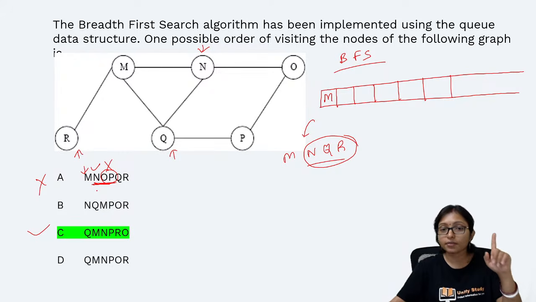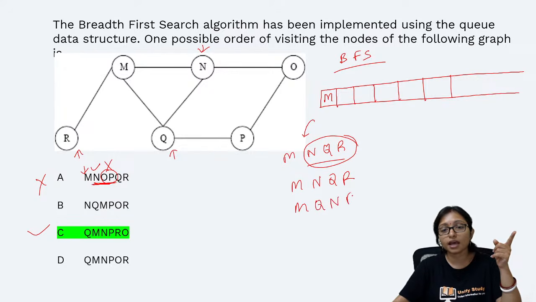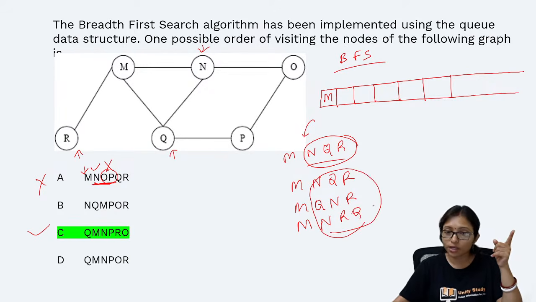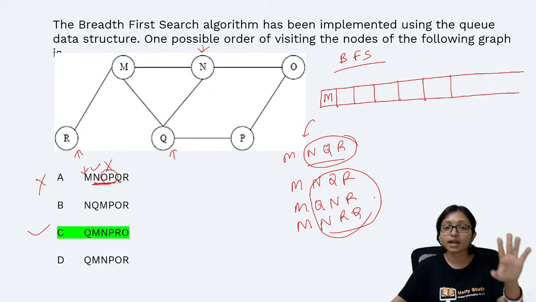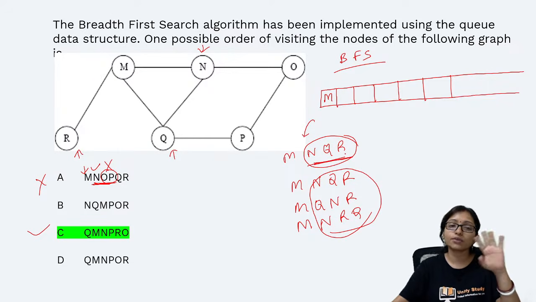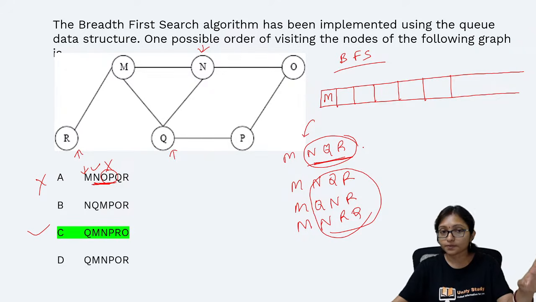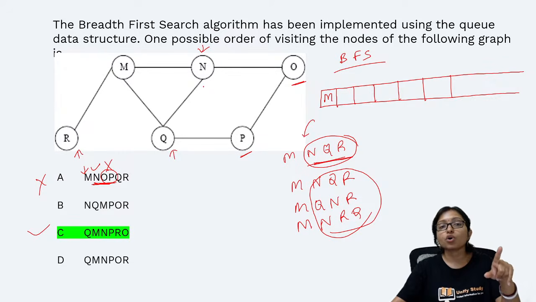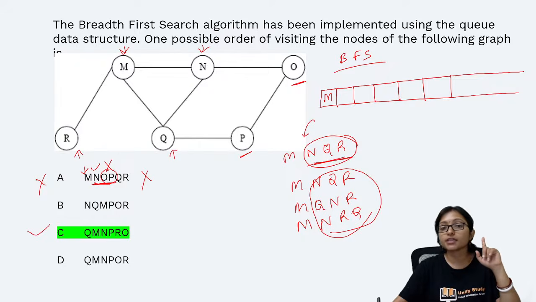Because after M, any order is possible: M, N, Q, R; M, Q, N, R; M, N, R, Q. There are so many orders possible, and that is okay, but the sequence must be made of N, Q, R. Nothing else can come, because it is not adjacent. P and O are not adjacent to M, and that's why option A is wrong.